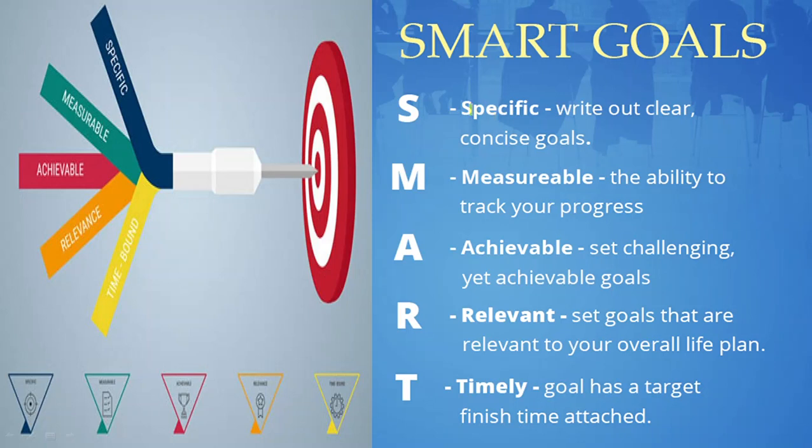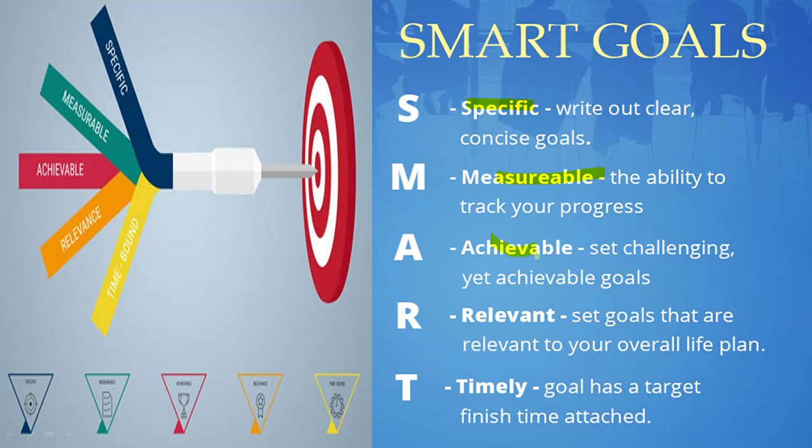They have to be specific, you have to write out clear concise goals. Measurable, the ability to track your progress. So you can measure that you have to achieve 50% more sales in the next month, next cycle. So that is measurable. You have to achieve something that can be measured.